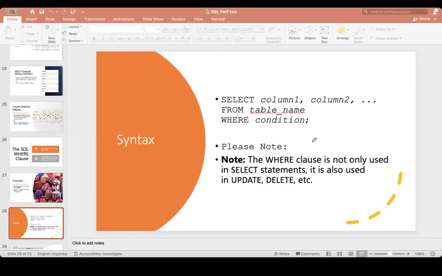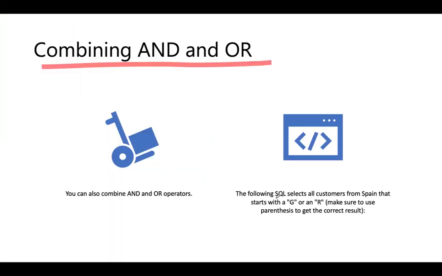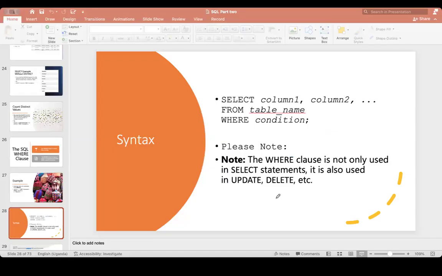And then, we can also combine the AND as well as OR operators. Using this particular table we are referring to, you realize that it will select all customers from Spain whose name starts with G or R. Make sure to use parentheses to get the correct result.